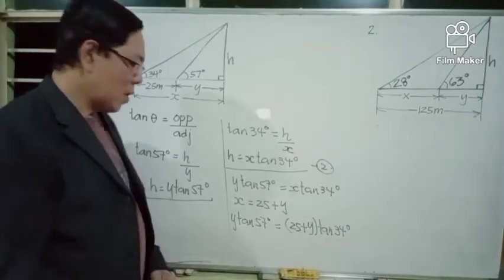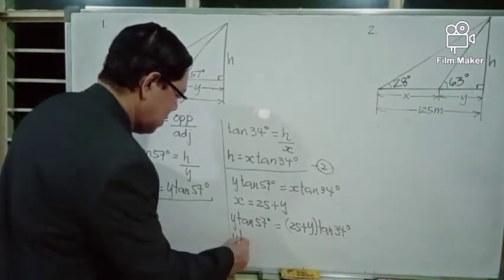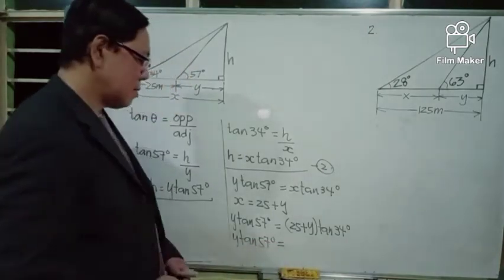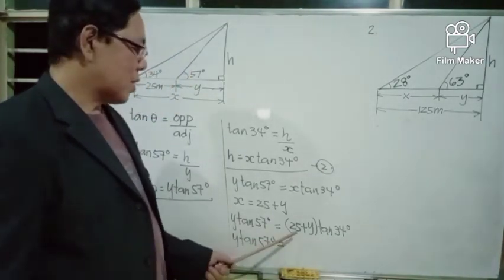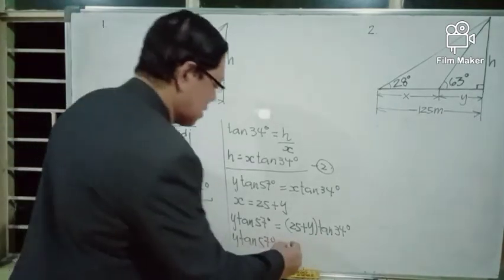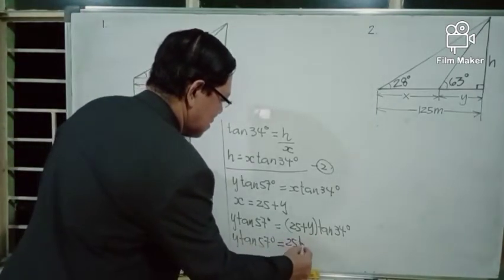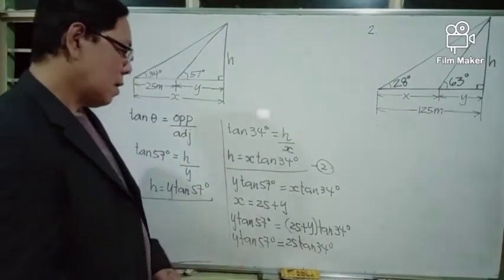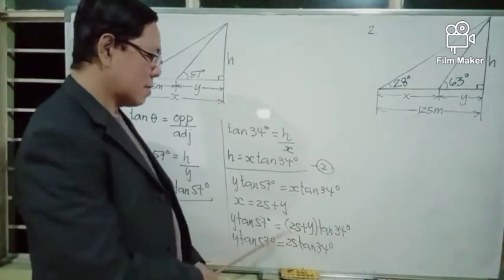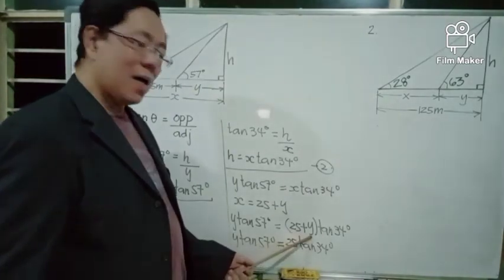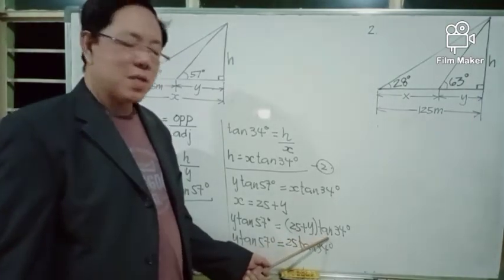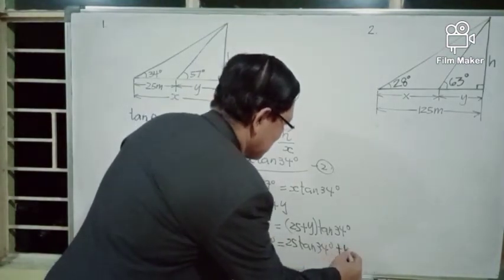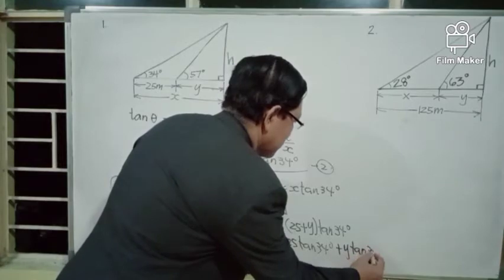That is, we multiply 25 and y by tangent of 34 degrees. At the left side, we have y times tangent of 57 degrees. At the right, we have 25 times tangent of 34 degrees plus y multiplied by tangent of 34 degrees.